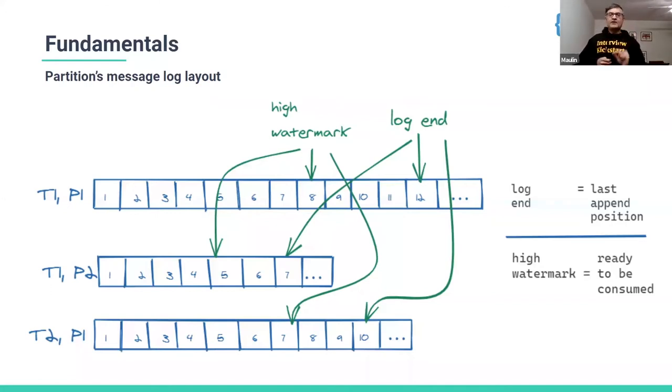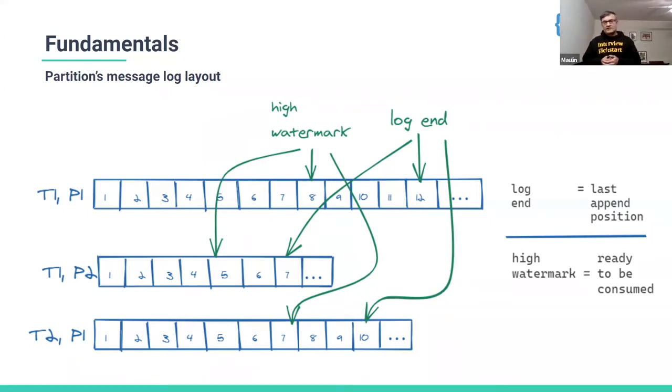There are 2 key pointers that I have put in the diagram which you need to understand. One is the log end pointer, which is the last successfully appended position in the partition log, which means the next message will go after that pointer. And as you can see from the diagram, different partitions could have different log end pointers.